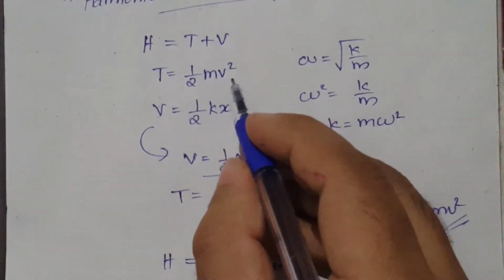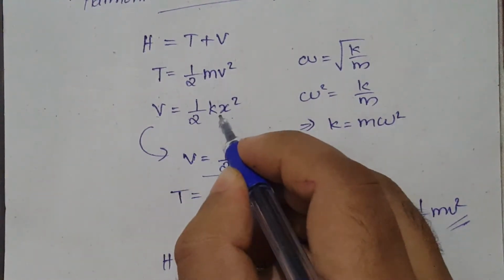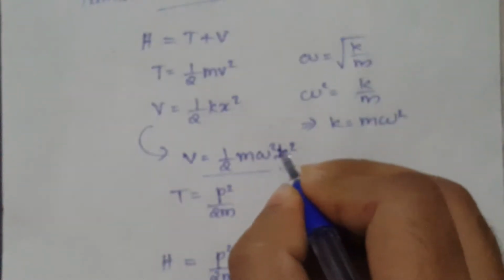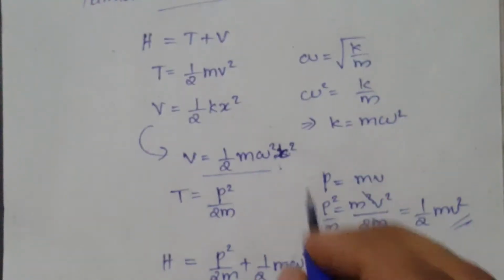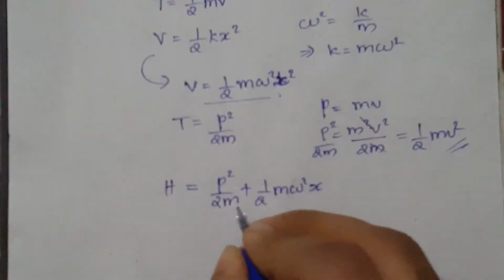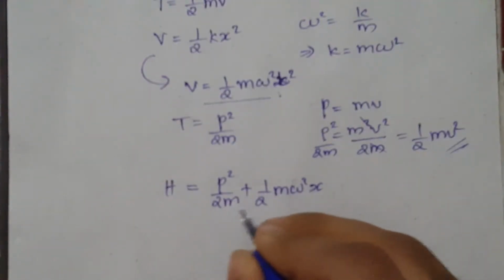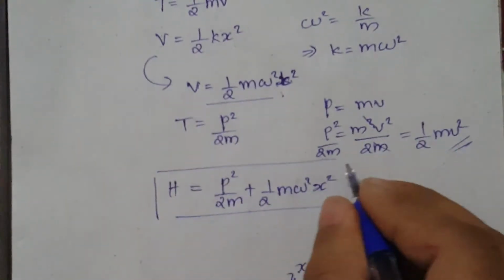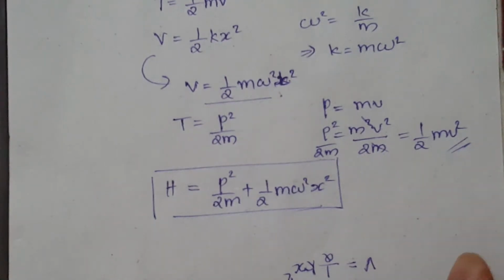Here we have written potential is half kx square, but here we have written k square. This should be x. Okay, so half m omega square x square. So now finally we can write the Hamiltonian as p square by 2m plus half m omega square x square. Okay, now this is our Hamiltonian.